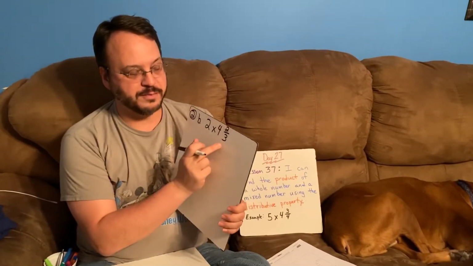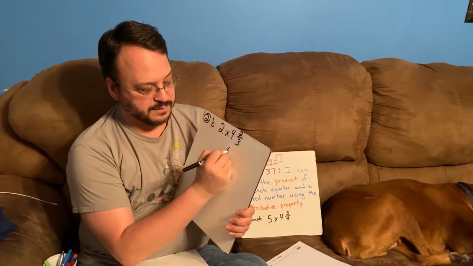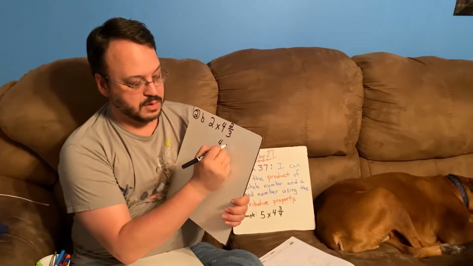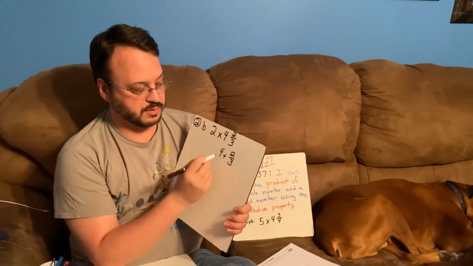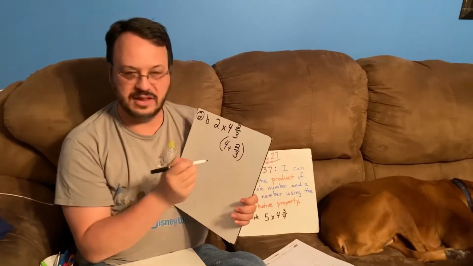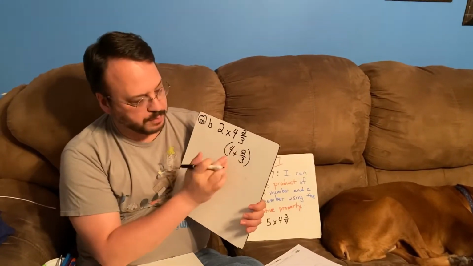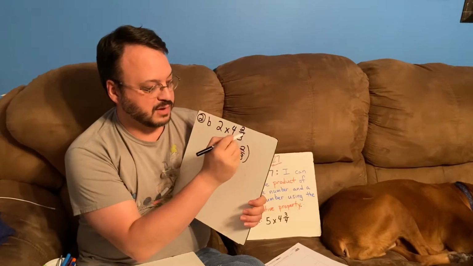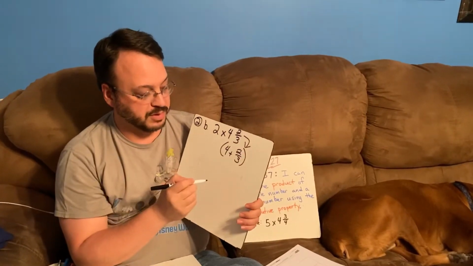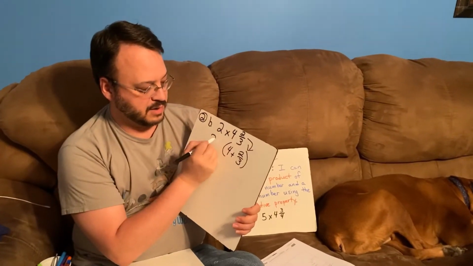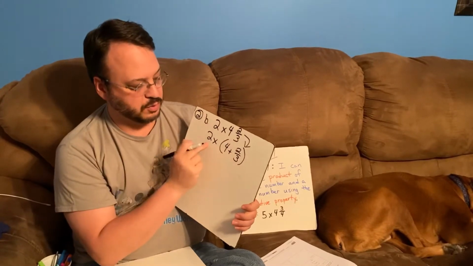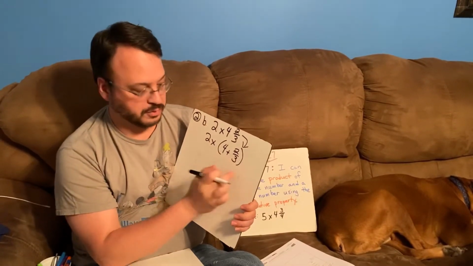Well, let's remember 4 and 2/3 is the same thing as 4 plus 2/3. I'll put a little parentheses around that because we'll combine those. 4 and 2/3 is the exact same thing as 4 plus 2/3. And now I've got my 2. So 2 times 4 plus 2/3.